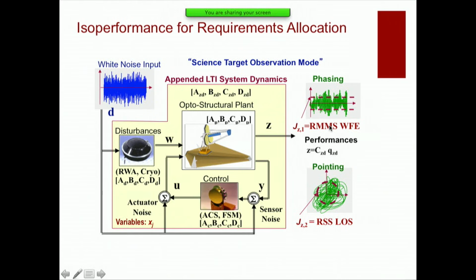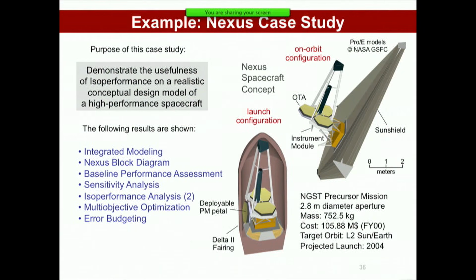And in order to achieve this optical pointing performance, we have the structure of the spacecraft, we have reaction wheels, we have controllers, and there are different kinds of noise sources that are trying to prevent us from pointing with this precision. So very quickly, this is what this Nexus precursor spacecraft looks like in the deployed configuration, and on the upper right, in the stowed configuration.